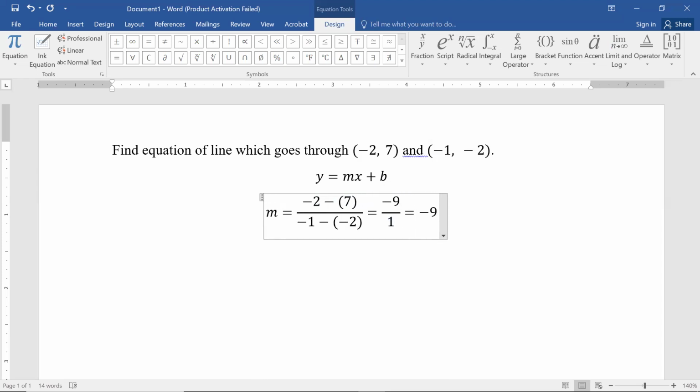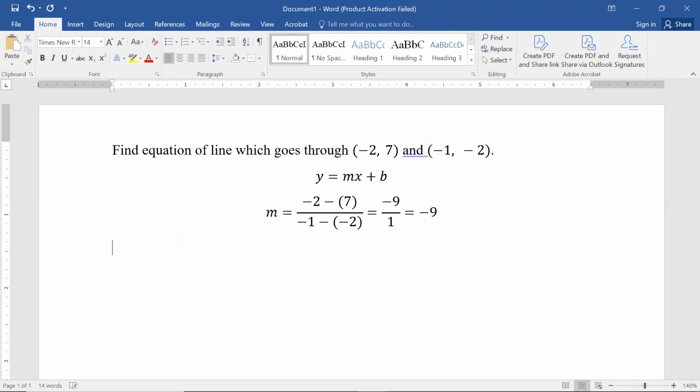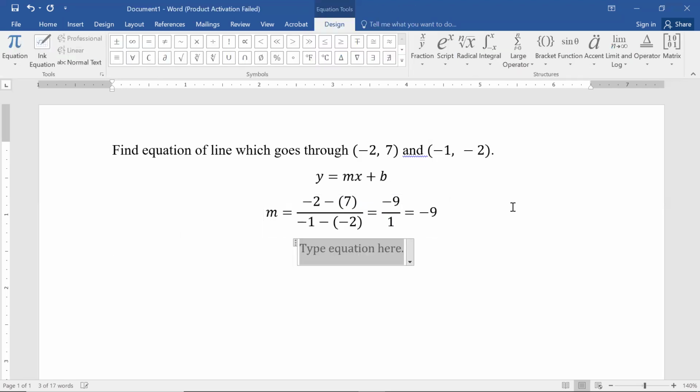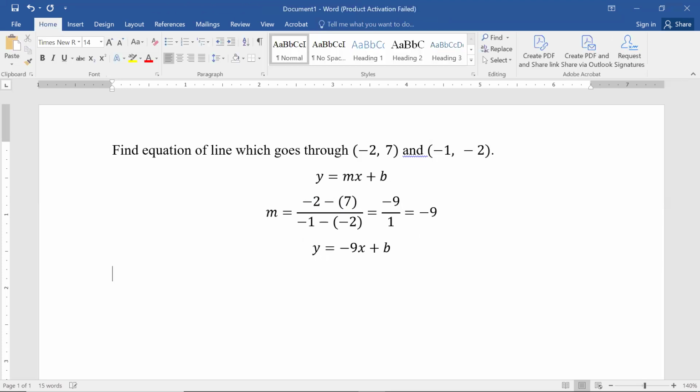Now the simplest version of that m is -9. So I'm going to use -9 for my slope. y equals -9x plus b.